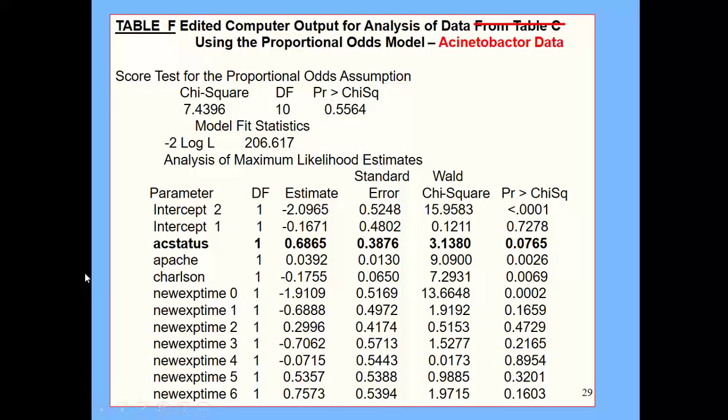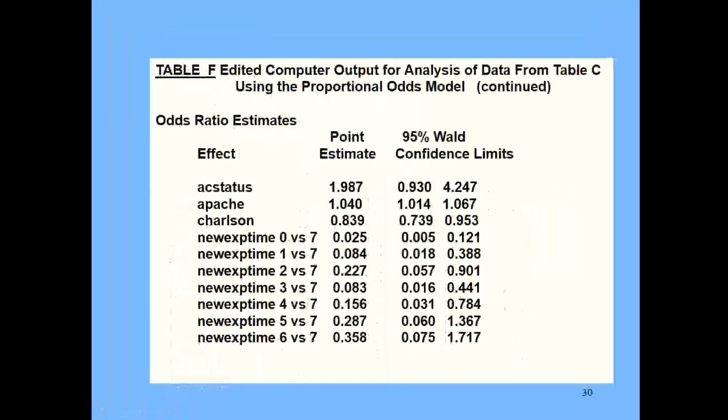Well, there's no subscript G. For any of these variables, you're only getting 1 estimate. But you notice there are 2 intercepts in the model. You're dealing with the ordinality through the intercepts, but you're getting a single estimate, and if you exponentiate it, what you get is 1.987, and then you get these other things.